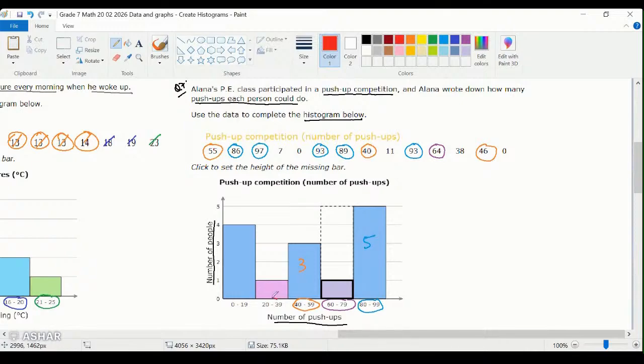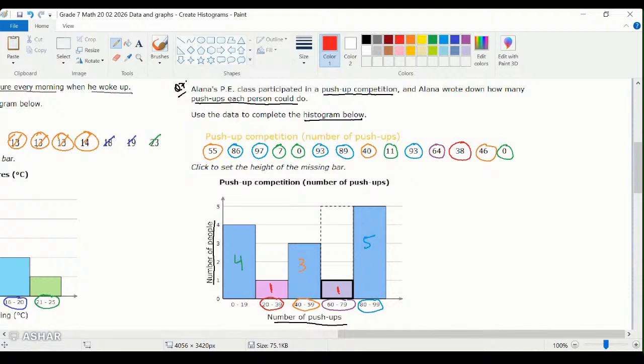Then 20 and 39, that means 1, they're showing 0 to 9. Okay, one minute, please. 0 to 19: 1, 2, 3, 4. It's easier to find the 4, and we are left with only one value in this range, right? So this information has been processed. These are the heights.